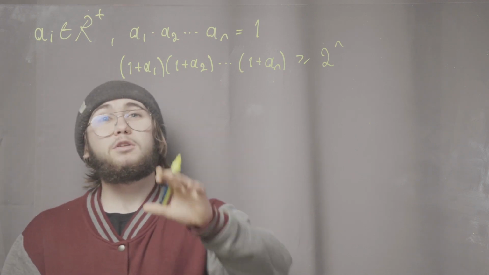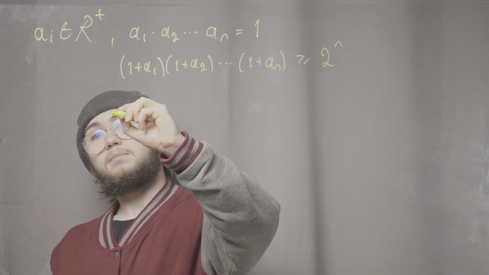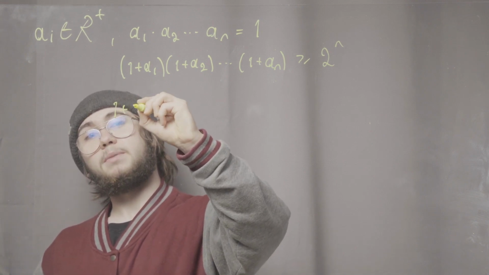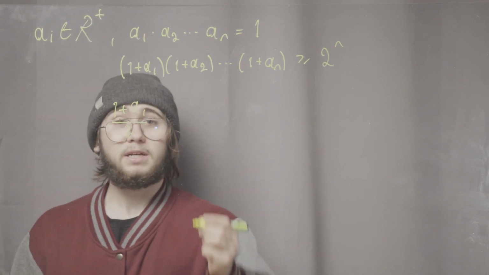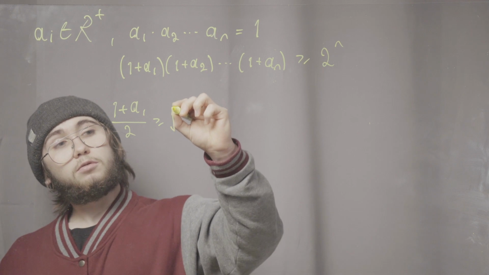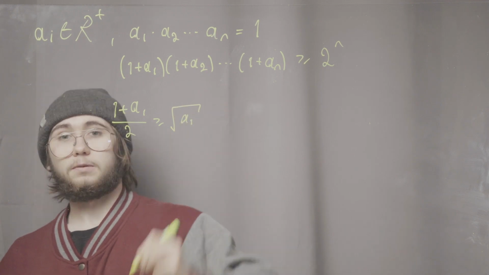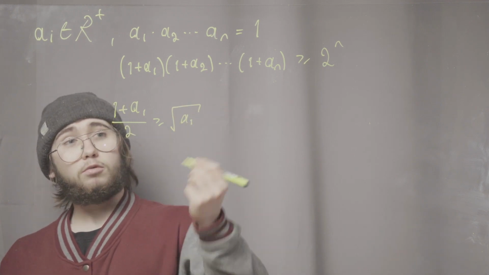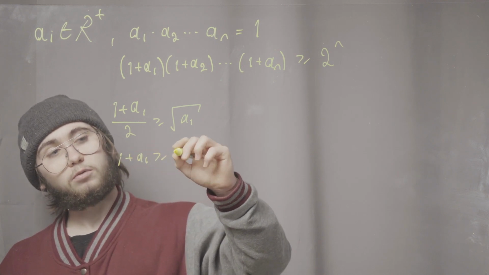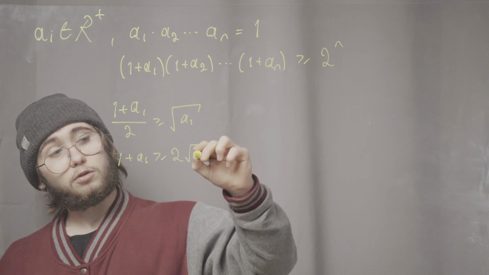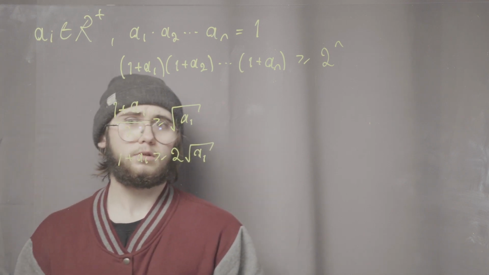So, first of all, notice that by AMGM, 1 plus a1, I mean the arithmetic mean, is going to be greater than or equal to the square root of a1. Yeah, lovely. And so what it implies? Well, it implies that 1 plus a1 is going to be greater than or equal to 2 times the square root of a1. Beautifully.